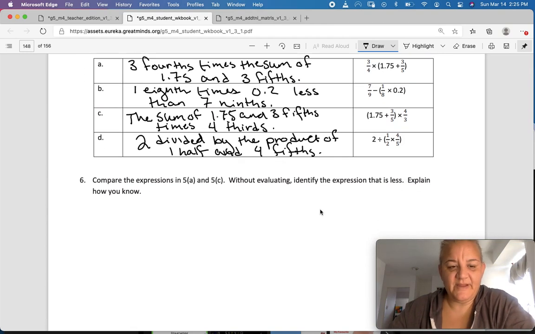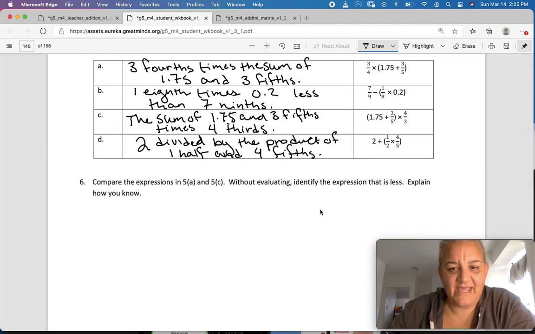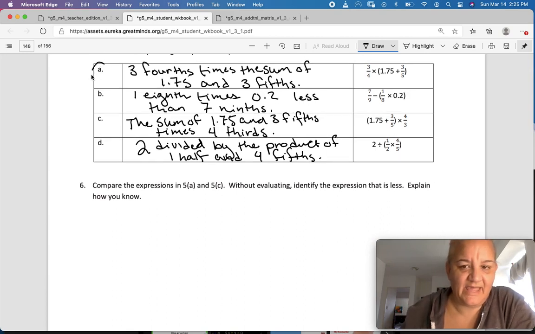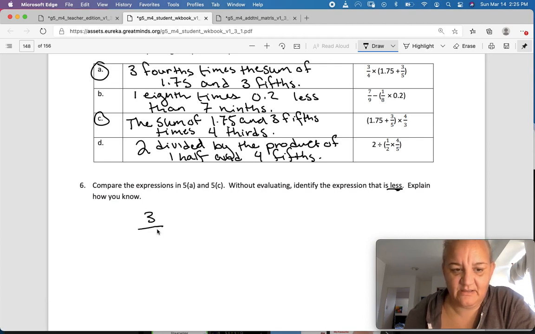All right, compare the expressions in 5a with 5c. So 5a with 5c. Without evaluating, identify the expression that is less. Explain how you know. So 5a is 3/4 times 1.75 plus 3/5.